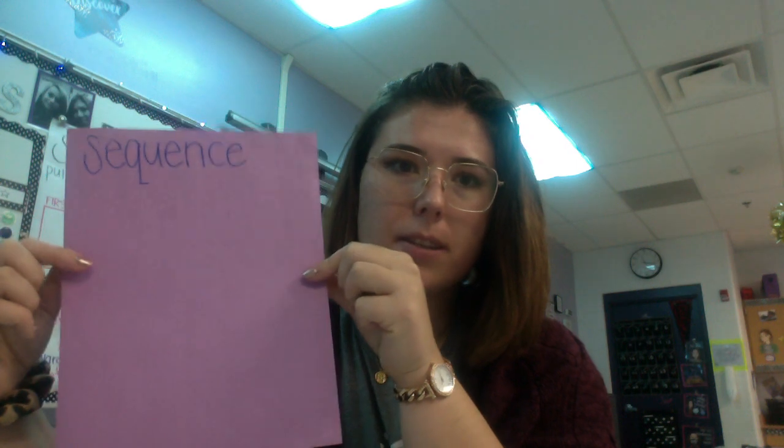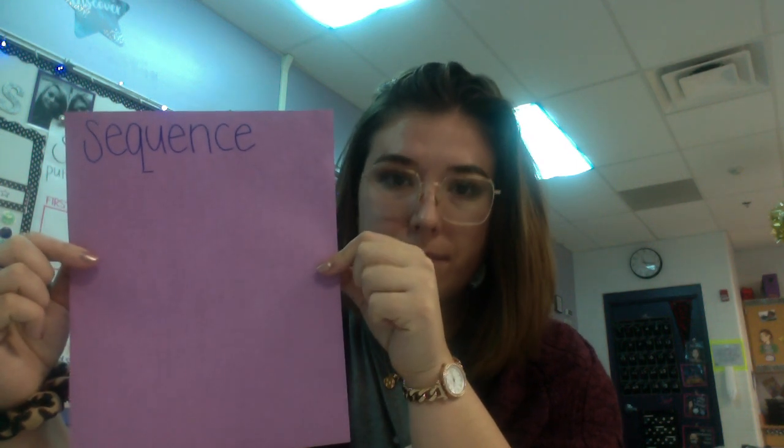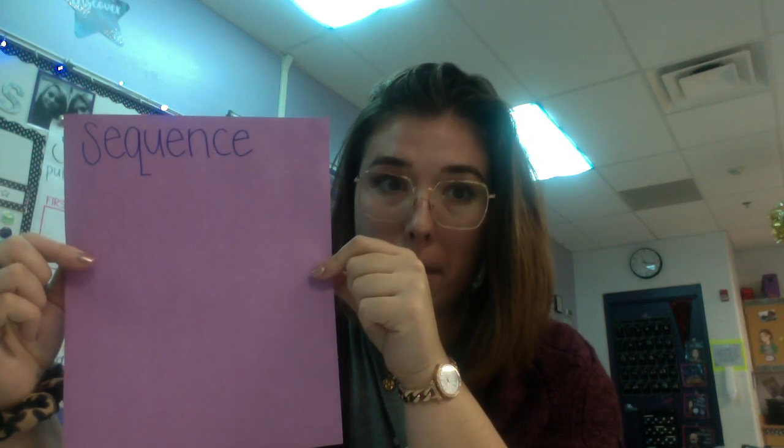And at the very tippy top, label it sequence. I'll show you in 1 second. Or if you look behind me, it's also there. Sequence. Pause me if you need to.